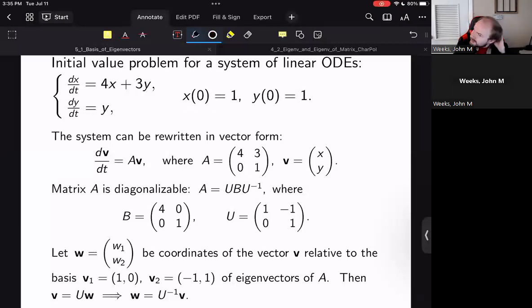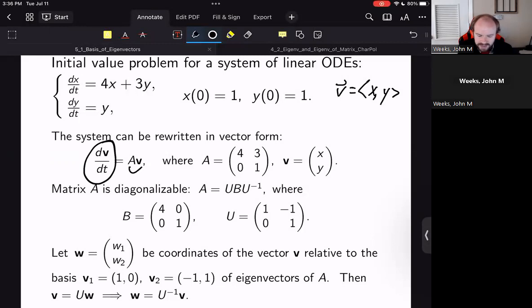Now, why are matrices going to be useful for us here? It's a very good question. Notice on the left-hand side that we're in some sense taking a differential operator. We are taking the derivative of a vector v with respect to t. Here, v is our vector (x, y). If we take the derivative of the vector with respect to time, then what we get back is A times the vector again.